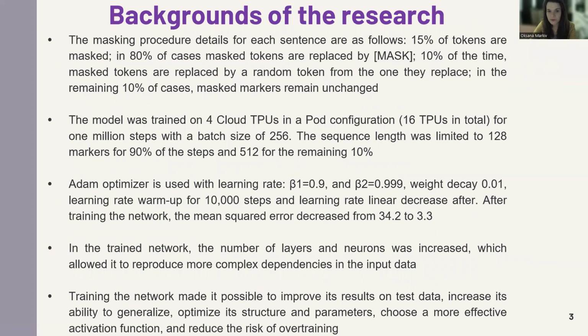The masking procedure details for each sentence are as follows. You can see it in this slide. The model was trained on a cloud configuration, and an optimizer is used with a learning rate. In the trained network, the number of layers was increased.